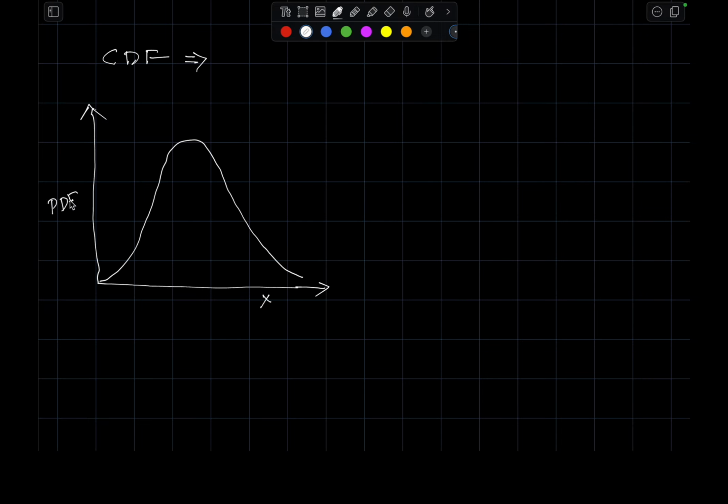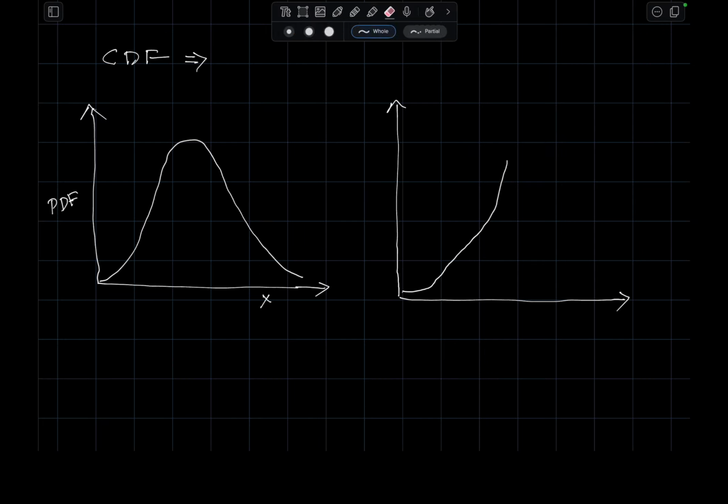And how will the cumulative density function look? As we know, it is the combined probabilities starting from the initial value. So it will start from a small value, then it will be increasing, and it will be somewhat like an S-shaped curve.